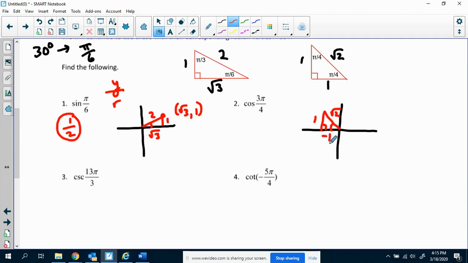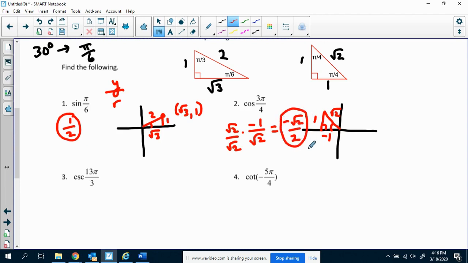So what I end up having is my x value is negative here, so my cosine ends up being -1 over root 2, and if I multiply the top and bottom by square root of 2, root 2 over root 2, I end up with negative root 2 over 2 as my answer.